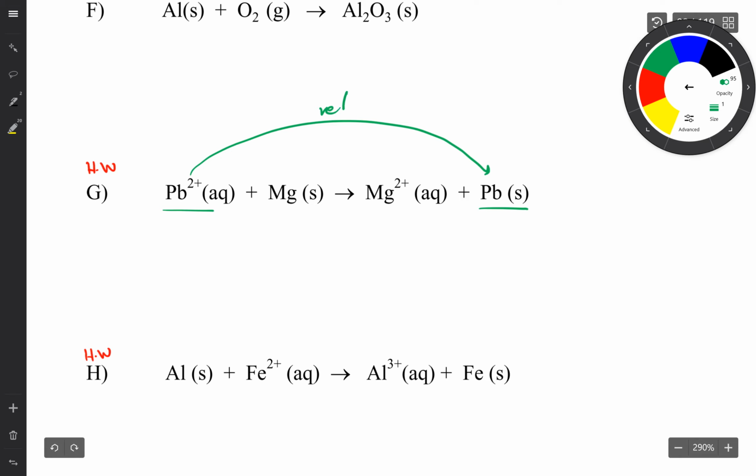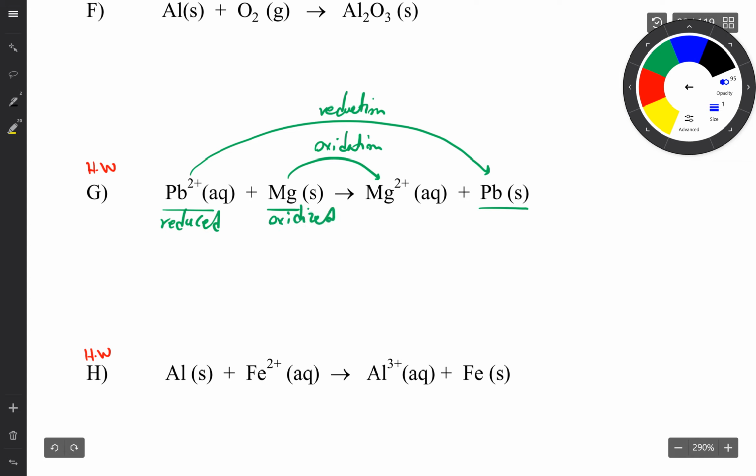So this is the reduction half equation, and Pb2+, or the lead ion, is reduced. And the magnesium, converted to the magnesium ion Mg2+, has lost electrons. So this is oxidation, and we can say the Mg is oxidized.